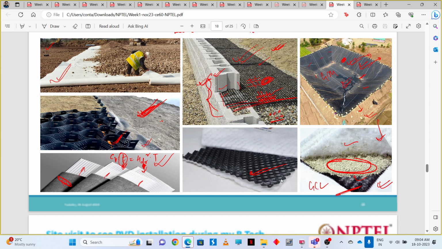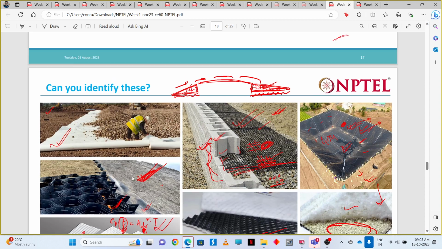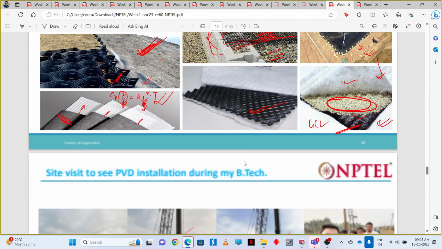Now we know why this is done: the sandwiched geonet serves the purpose of drainage, and the geotextile layers at the top and bottom serve as a filter. We also solved some problems regarding geocell and PVDs.